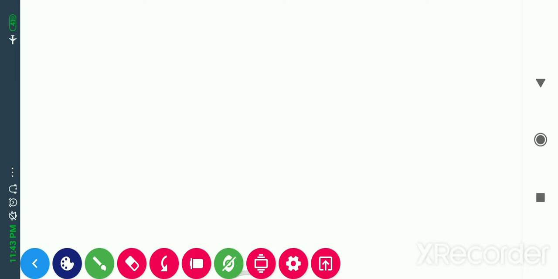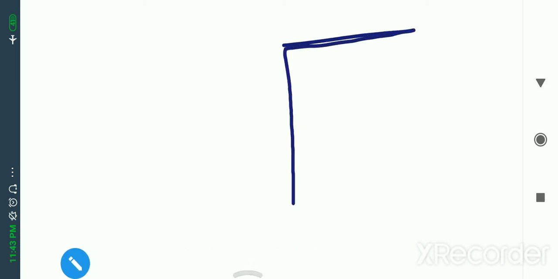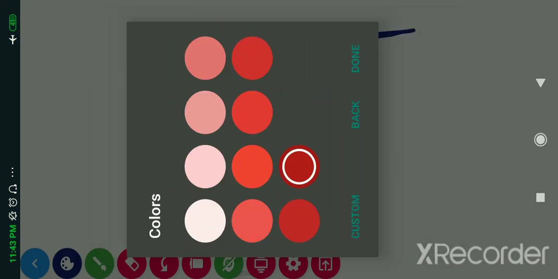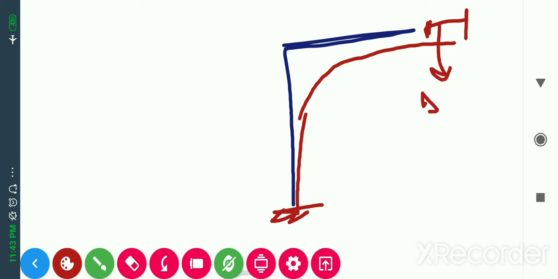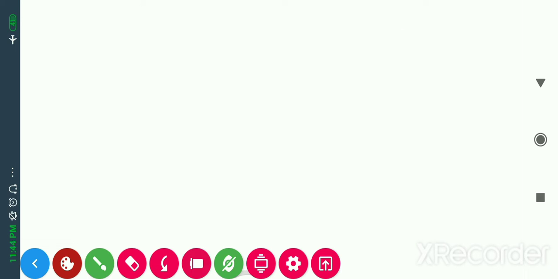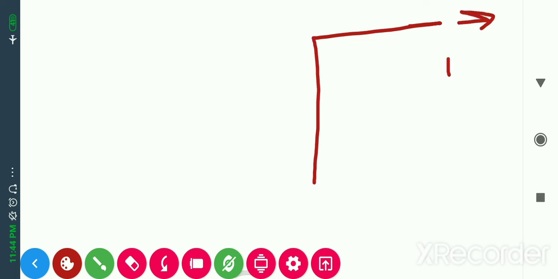So what will we do? This will be a simple frame, and this frame bends in this manner. Here it is asking to find the value of this deflection. It is in horizontal direction, so the deflection will be represented by delta H. We will simply apply a unit load in the direction where the displacement or deflection is to be determined.